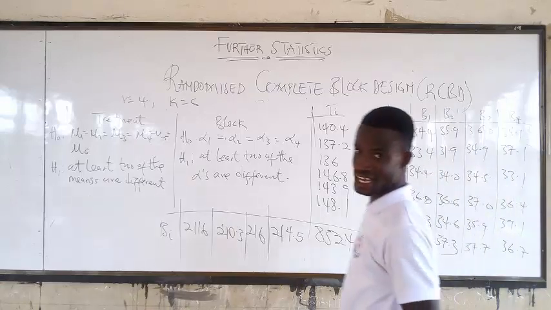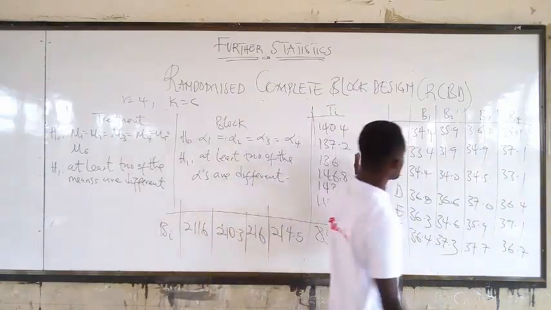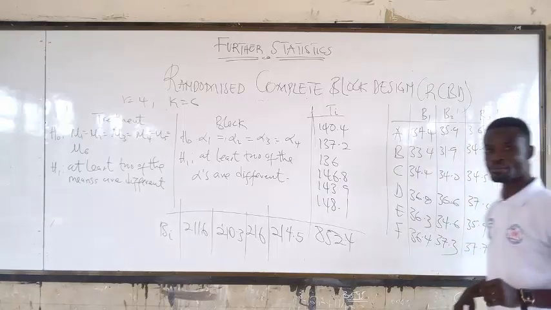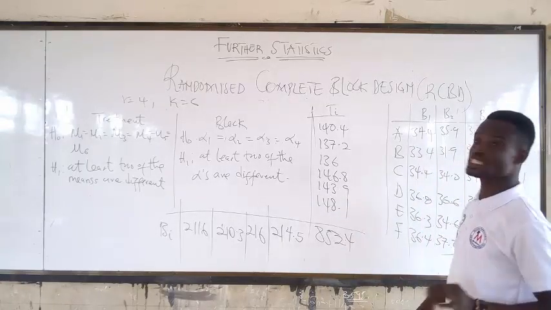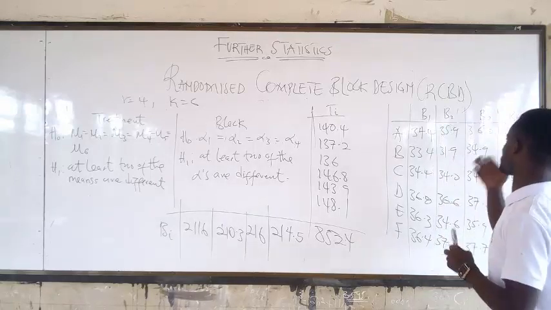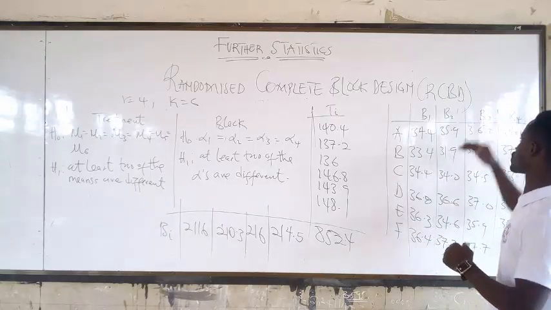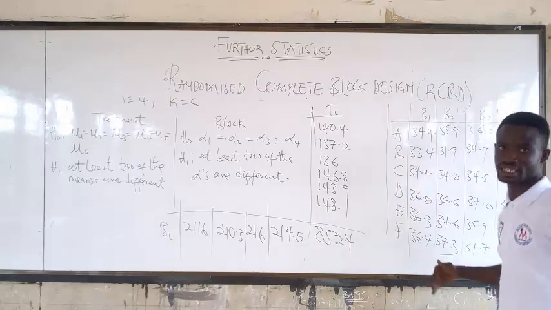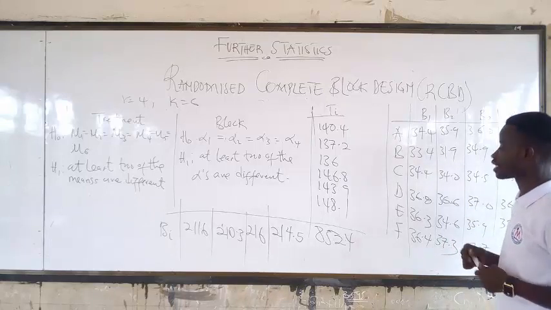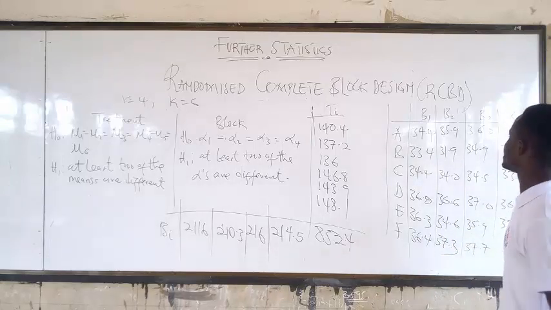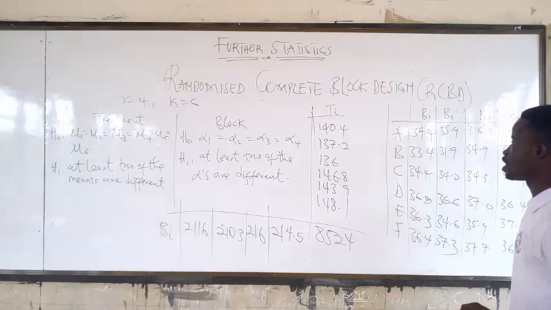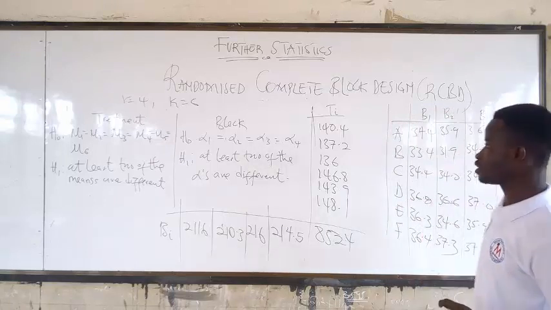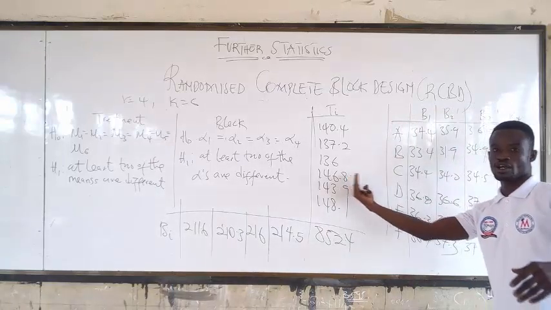Alright, so as I said, because of the space, you add all the rows here and all of this side. Now, remember that in the RCBD, that is the block design, your treatment is going to be the row.